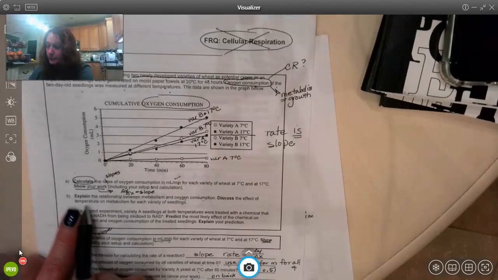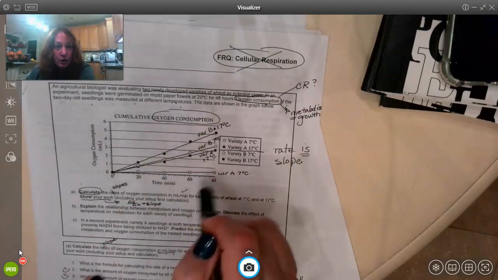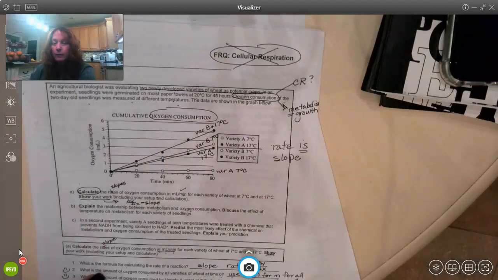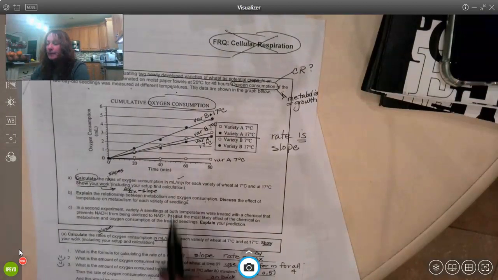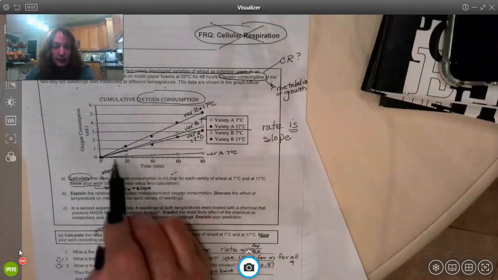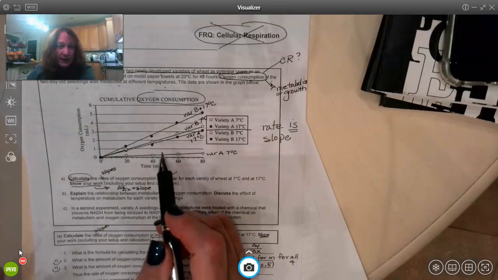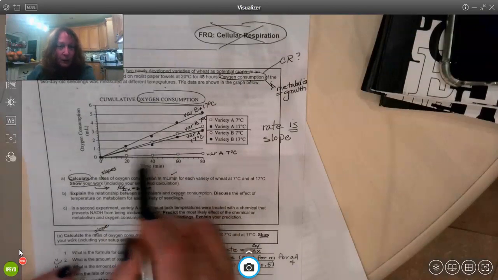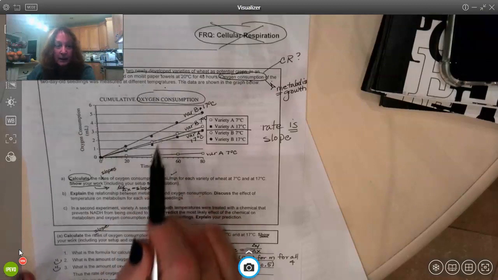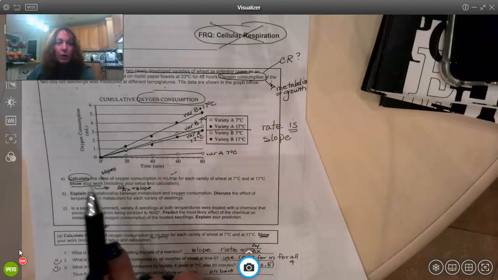That's A. B is, look at the relationships in here. Can you interpret the information? That's different than just doing some simple math. So, I don't know, 7th, 8th graders could do the math of slope for this, but they would not understand what this is actually giving you the information about, which is B.